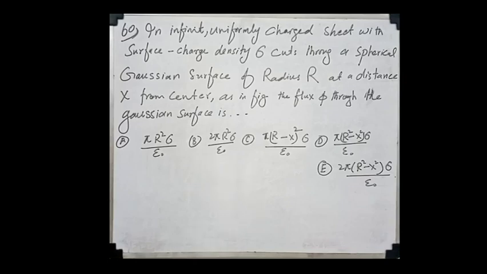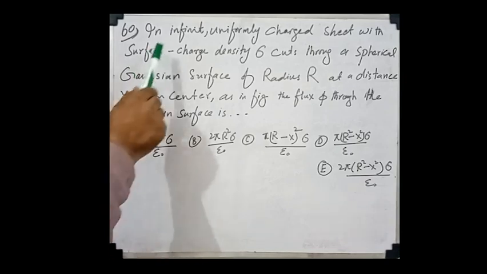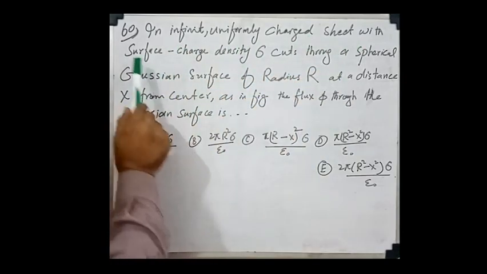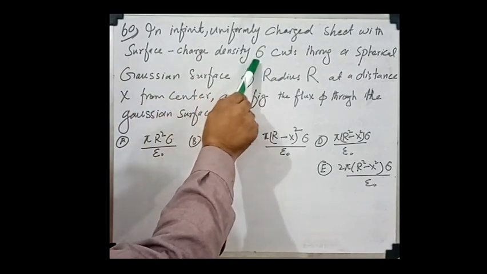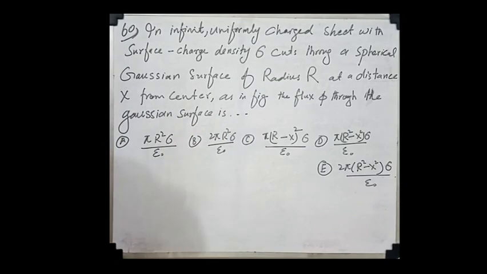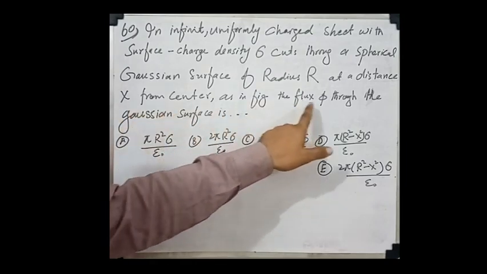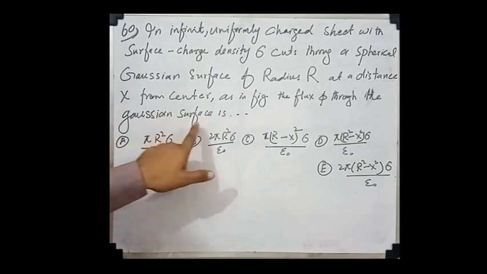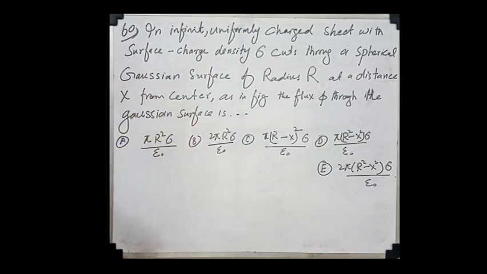Next problem 60. An infinite uniformly charged sheet with a surface charge density sigma cuts through a spherical Gaussian surface of radius r at a distance x from the center as shown in the figure. The flux phi through the Gaussian surface is. We have an infinite sheet.